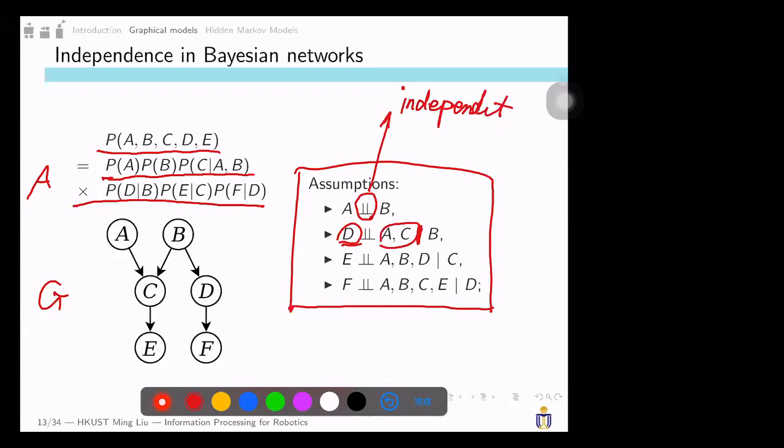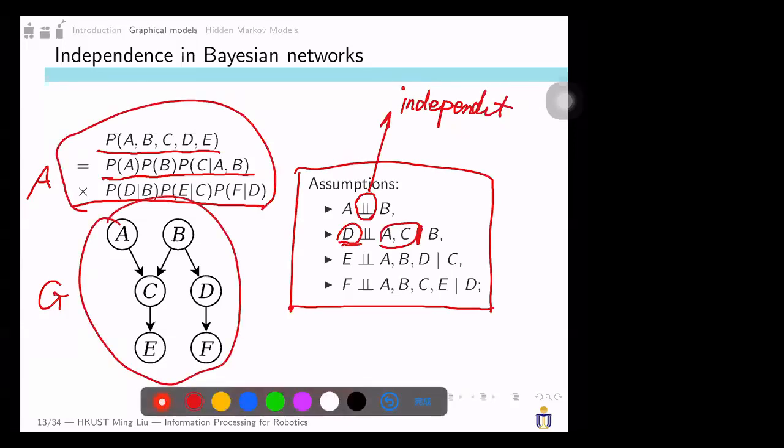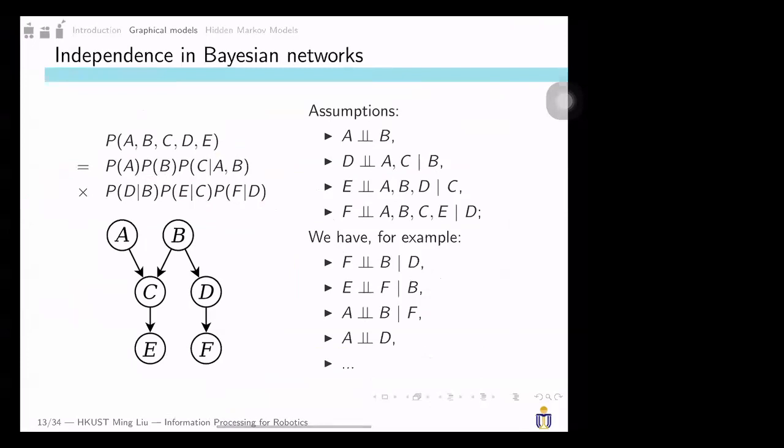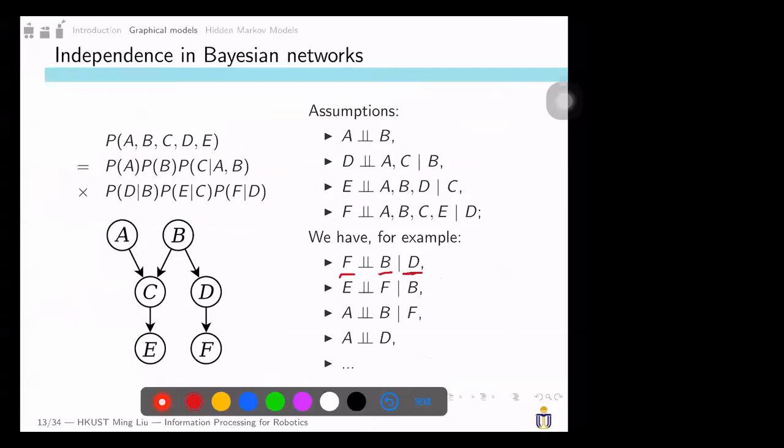So that's your assumptions. These three parts are actually referring to the same conditions, right? That's an important assumption. So then we have, for example, given D, F and B are independent.